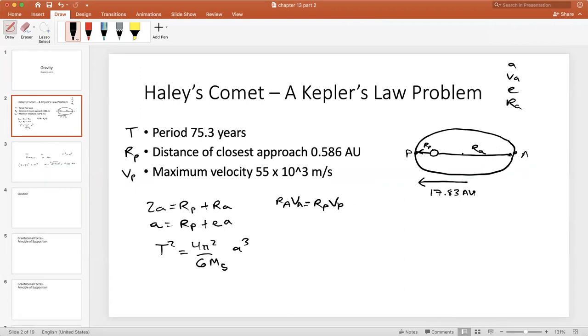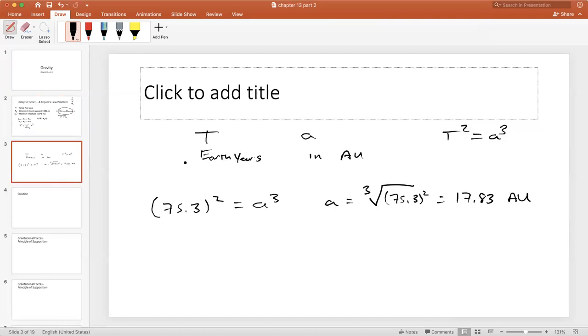The next thing that we need to know is VA, okay? We should actually skip down and just find RA first. So we know that RA plus RP has to equal 2A, or that RA is 2A minus RP, and RP was 0.586. So this is 2 times 17.83 minus 0.586 AU, which is 35.08-ish.